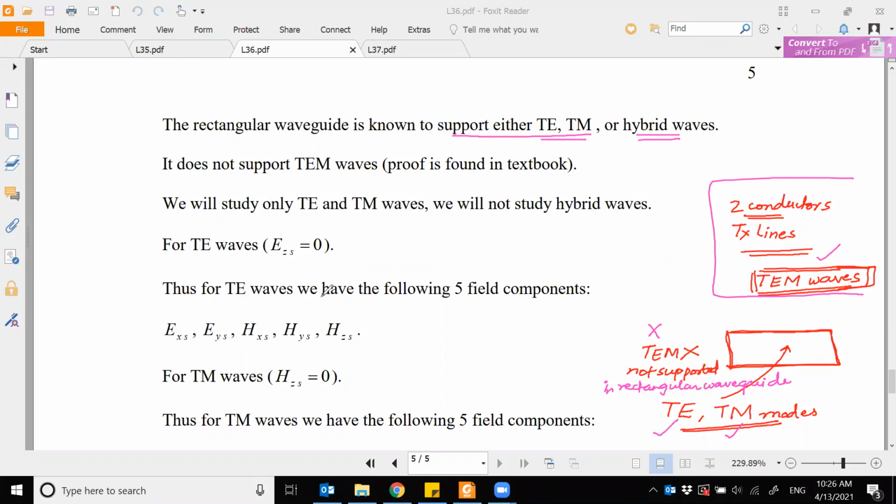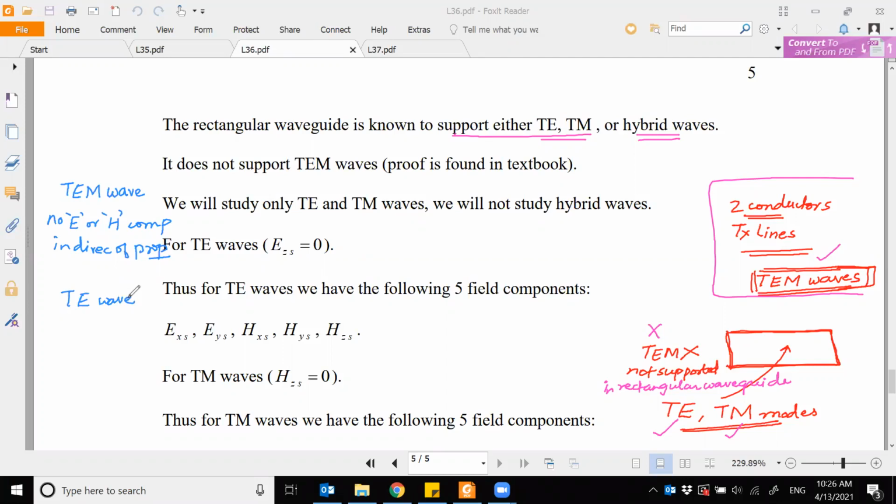What do you mean by TEM wave? In the TEM wave, no E or H component in the direction of propagation, right? Now, what do you mean by TE wave?